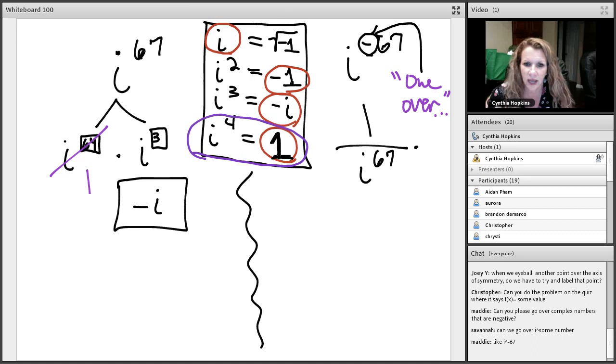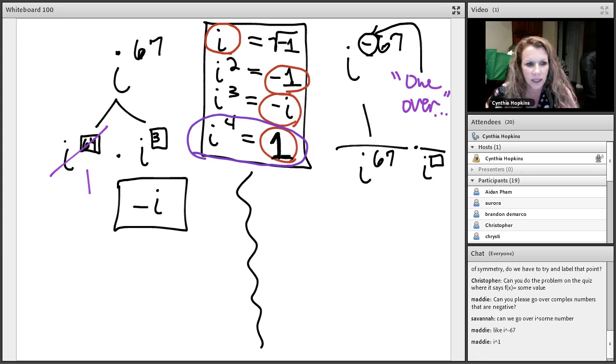Rather, I'm going to ask myself, what could I multiply this denominator by, i to the something power, so that I would get a multiple of 4 that's greater than or equal to 67. Okay, so the next one, remember we said 64 was a multiple of 4. If I go up to the next one, it's 68.